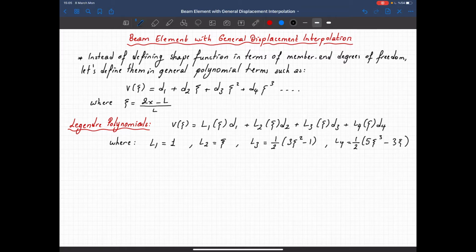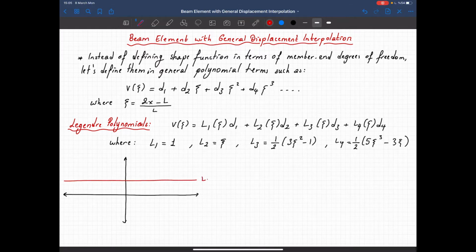So let's plot them. Let's draw a coordinate axis. The first function will have a constant value.